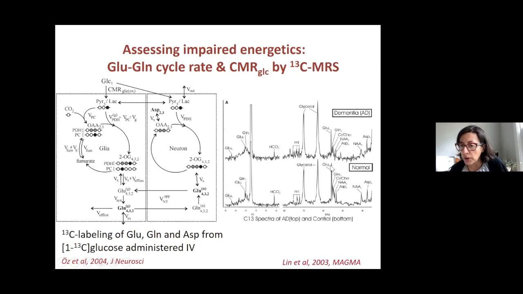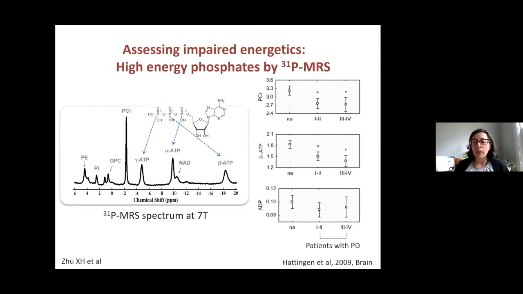In the control participant, it's much higher. There's more metabolism, more label incorporation into glutamate. So that's one method. Still, it takes a whole team for the IV administration of C13 labeled glucose to participants, but it's one scanning session, 2 to 3 hours, and then you have your information.